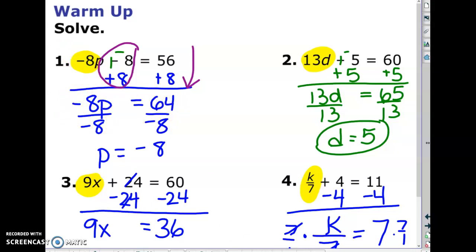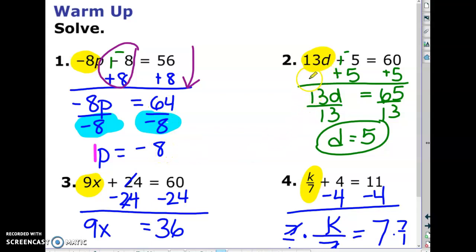In order to undo multiplying by -8, we're going to need to divide by -8 on both sides with the property of equality. -8 divided by -8 just leaves us with a +1, so a 1p or just plain old p. And 64 divided by -8 is -8.